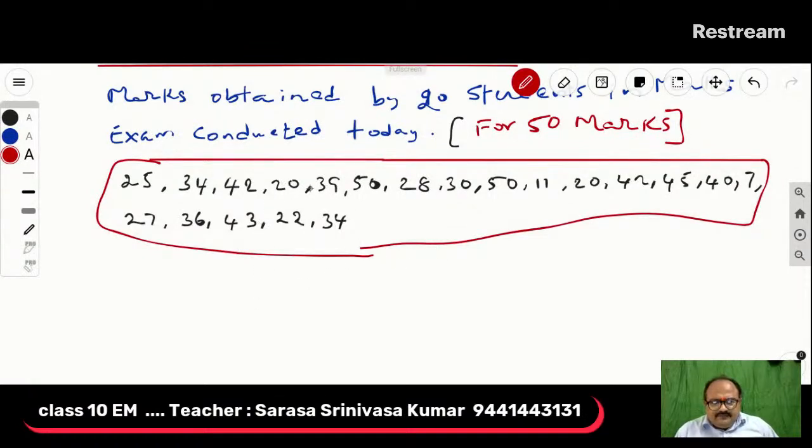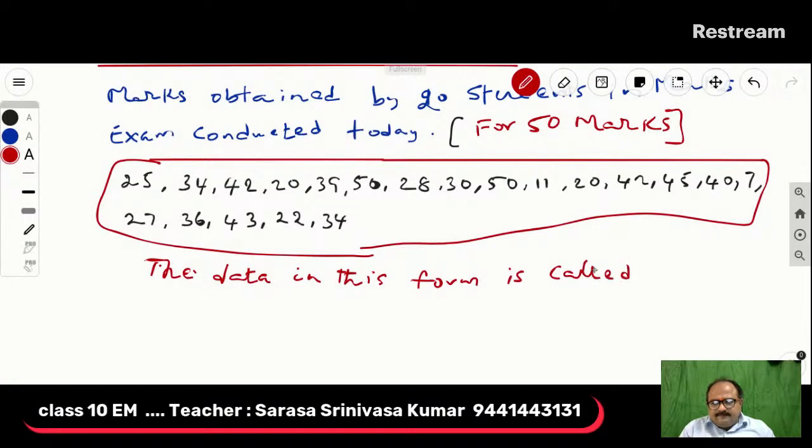So such type of information, the data in this form, is called raw data.